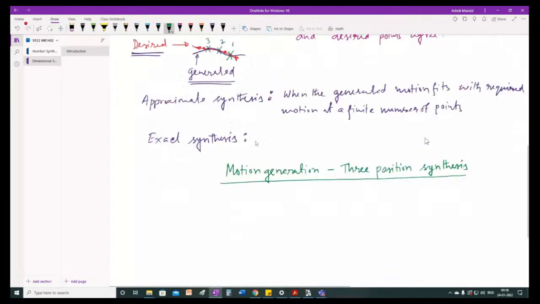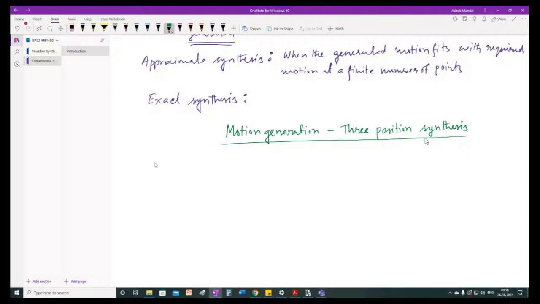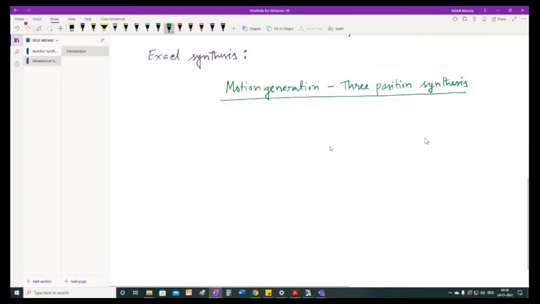Before we go to the discussion, we need some discussion on inverted motion. Let me discuss the problem first, then we will go for what is called inverted motion.